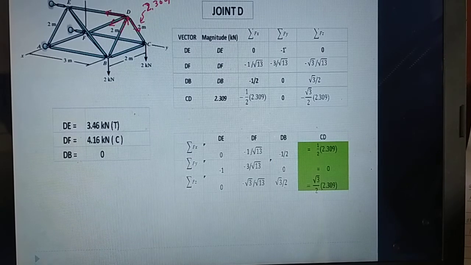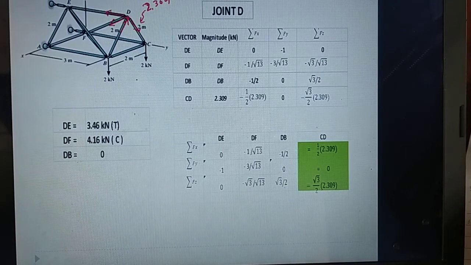So negative 1, and x is 0, 0 because it has no projection there. For member DF, it has the x, y, and z directions. From point D to point F, which is at ground level, negative 1 for x.